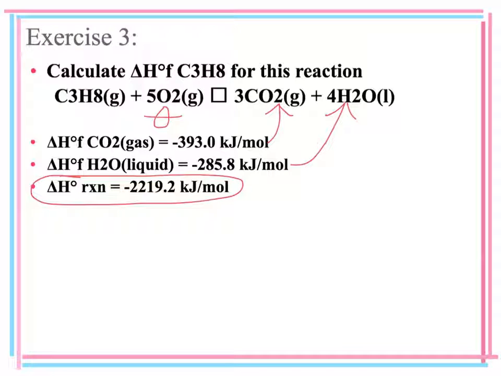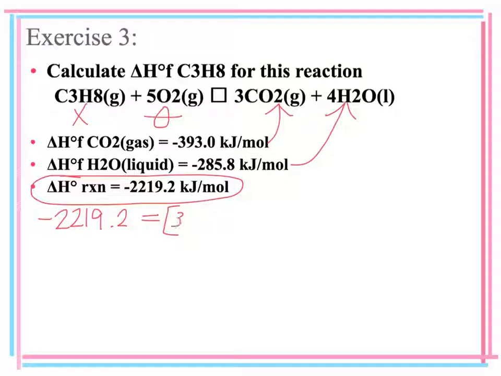So we're going to set these things up equal to that and then solve for C3H8, which is going to be X. Okay? So we're going to start with the same formula, but we're going to say it's equal to negative 2219.2 kilojoules. Same thing with our products minus reactants. So let's get our products.